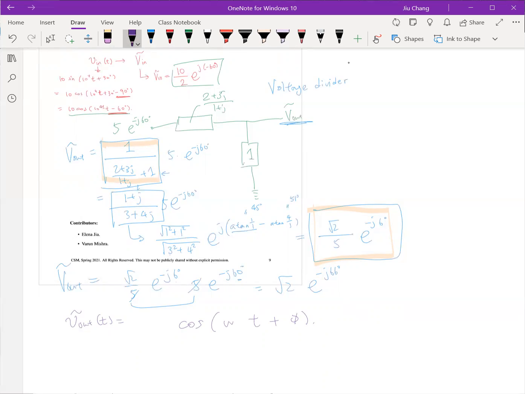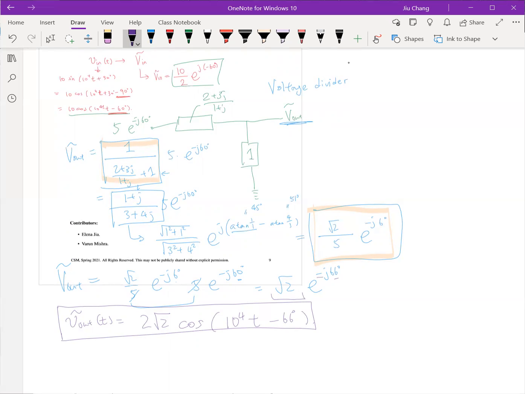But we already know that our magnitude is 2 times the magnitude of our phasor, and our frequency is the same, didn't change, and our phase is -66 degrees from here. Okay, so this is our final answer for this phasor analysis problem.